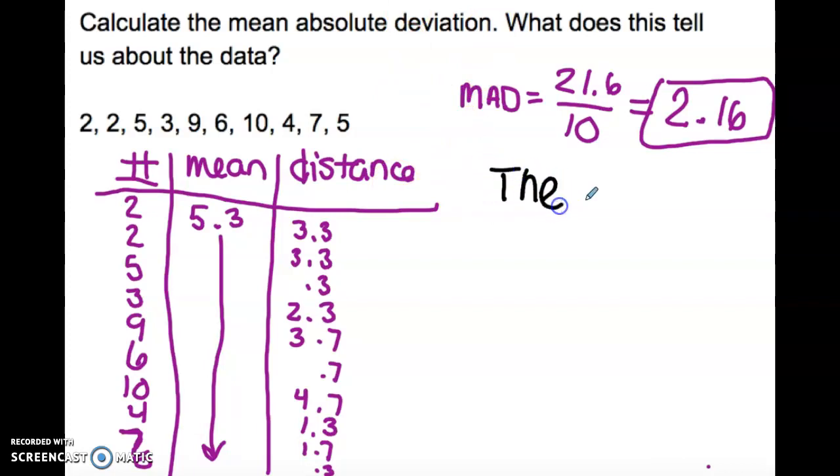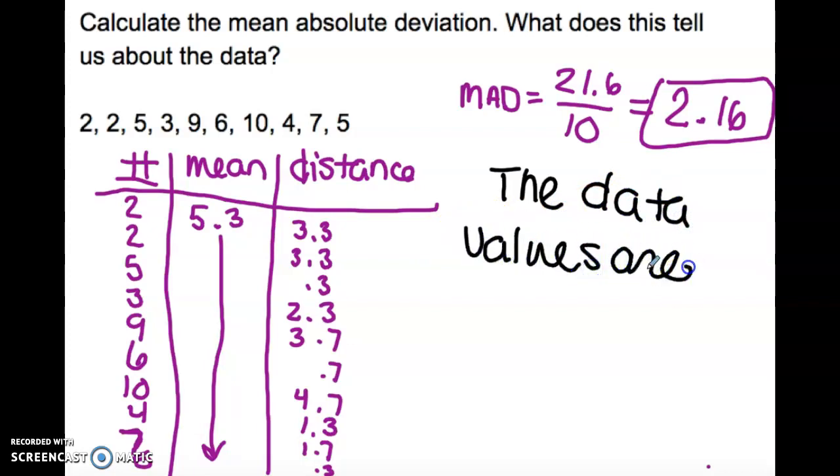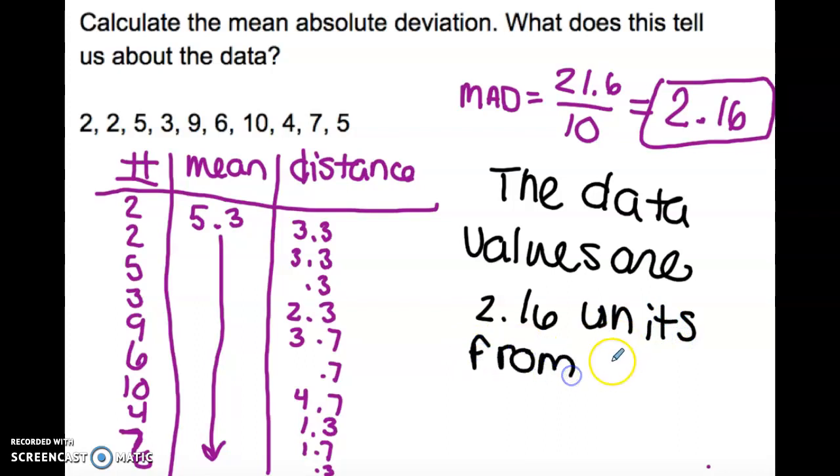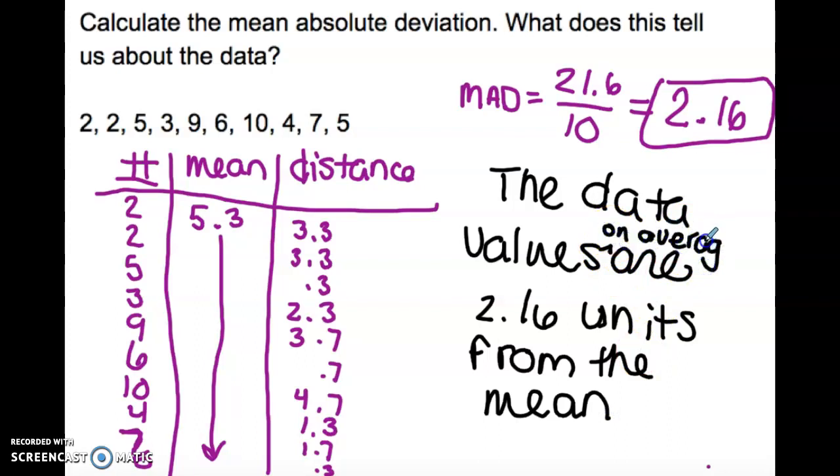It tells us the data values are 2.16 units from the mean on average. So the data values, I'll add in here, on average are 2.16 units from the mean.